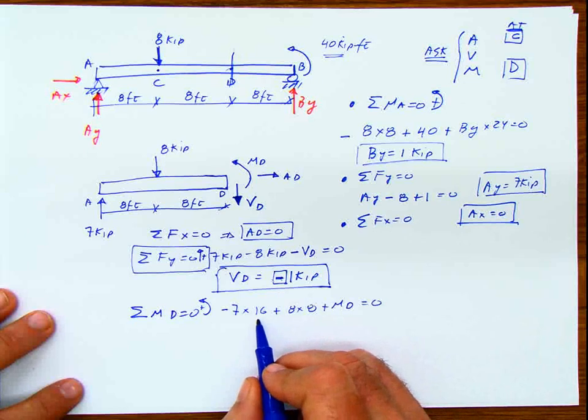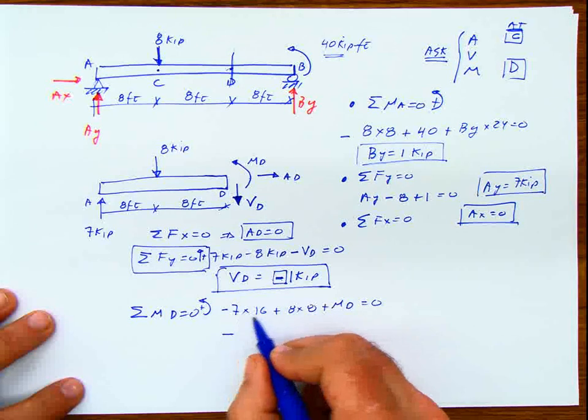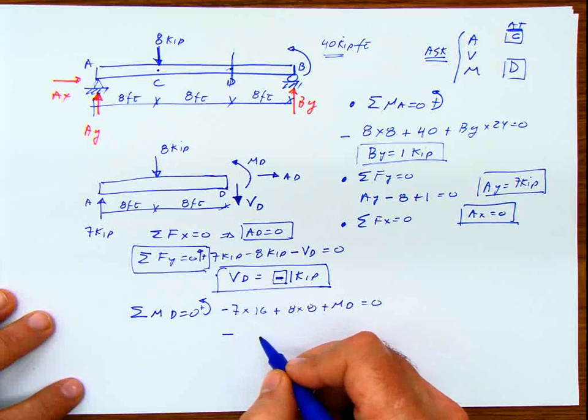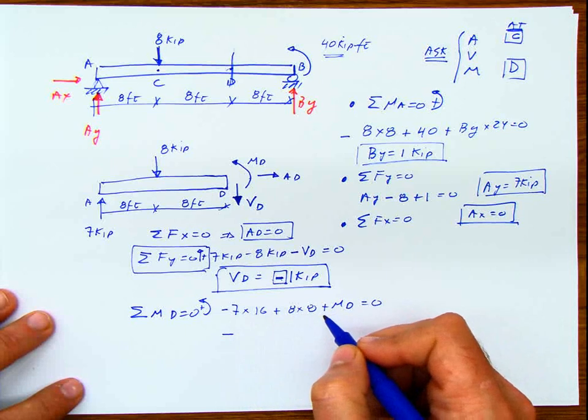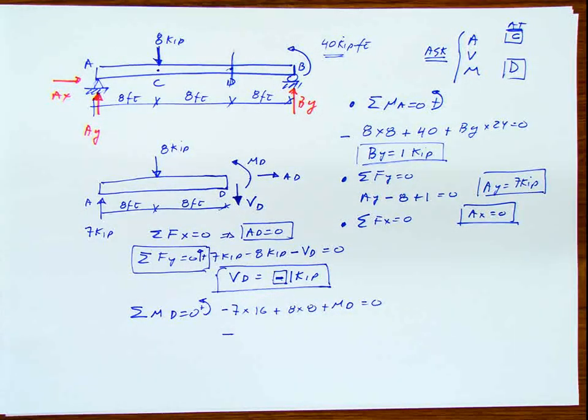7 times 16 is 112. This is 64. I didn't really calculate. I'm going to do it really quick here. I do have that answer. Let me calculate it really quick on the calculator. So this is going to be 7 times 16 minus 64.